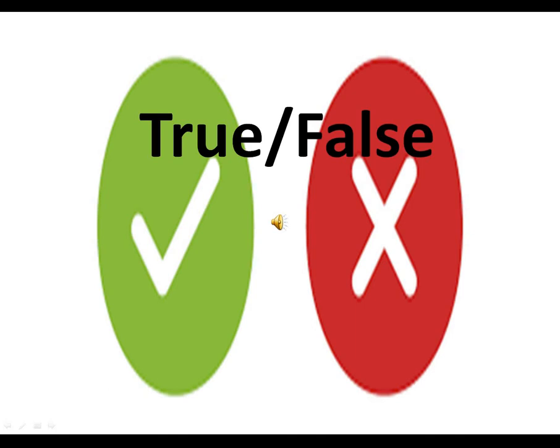This itself is a statement, the words true and false. So first, when you get a true and false question, you have to first read the sentence properly. You have to see whether it matches with the passage or not, whether the passage is also saying the same thing or not. Okay, and according to that, you have to write either T for true or F for false, or you can also write the full words true or false.